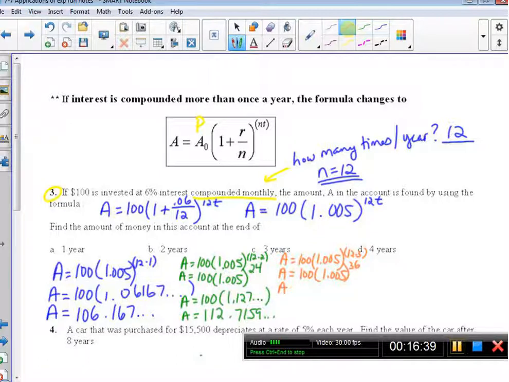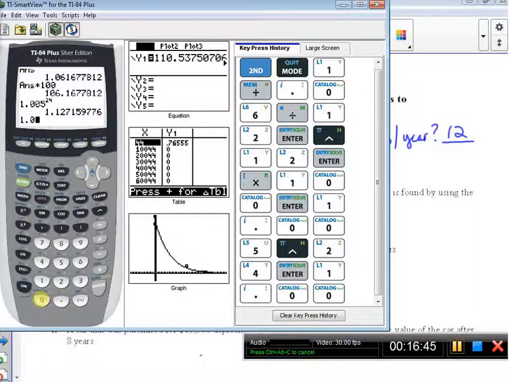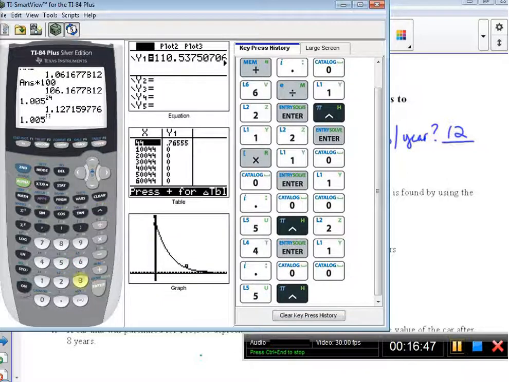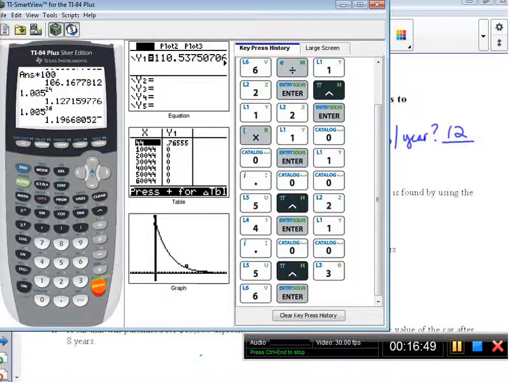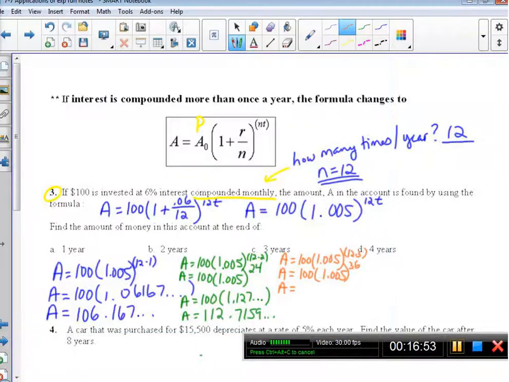And then calculate that 1.005 to the 36. So 1.1966.